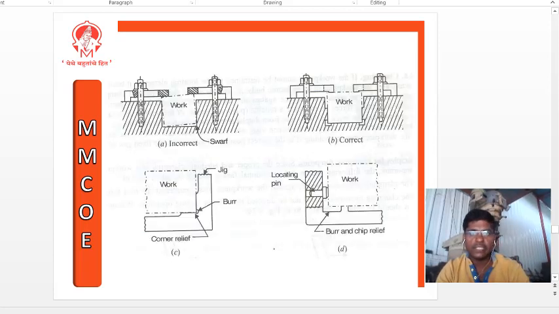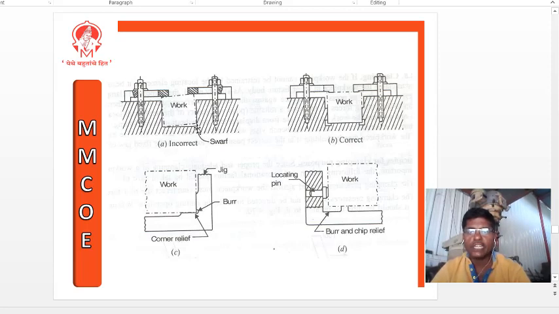If you see the figure, if this is the job, here we will have a strap. Now due to this rectangular job, when I place this job inside this slot, what will happen? It will rest on one part only, and another part will be at some height.